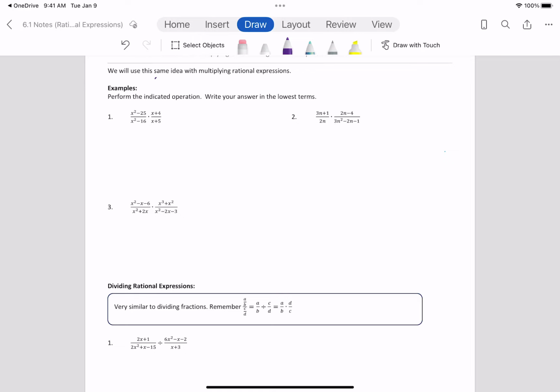So we're going to use basically that same idea when we're multiplying rational expressions. First, we want to completely factor each numerator and denominator. And then we can cancel any like factors.